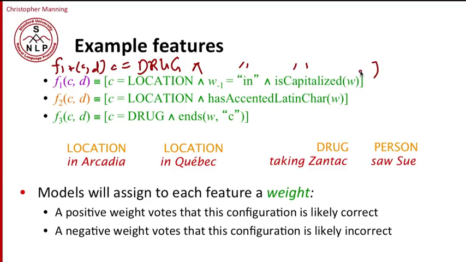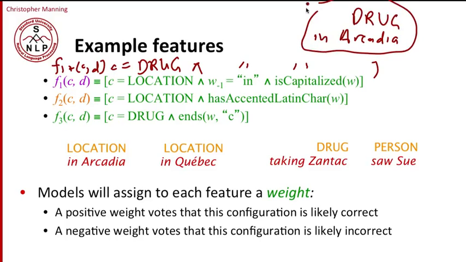And so that feature would match a different classification where we had "in Arcadia", and we were saying Arcadia was a drug. Feature 14 would match that configuration, but what we'd like to say is that that's unlikely to be correct, and we could express that by giving a negative weight like minus 0.6 to it.